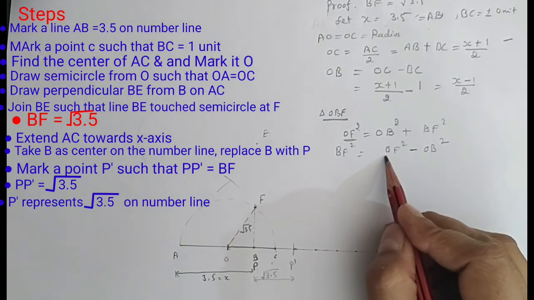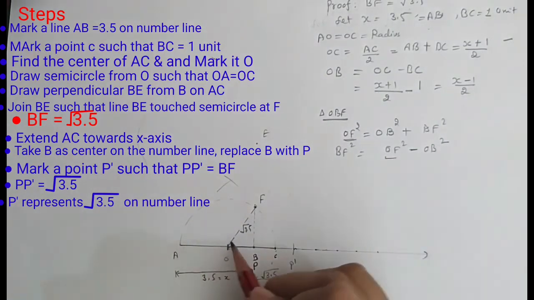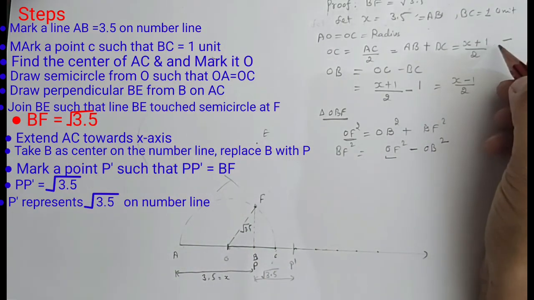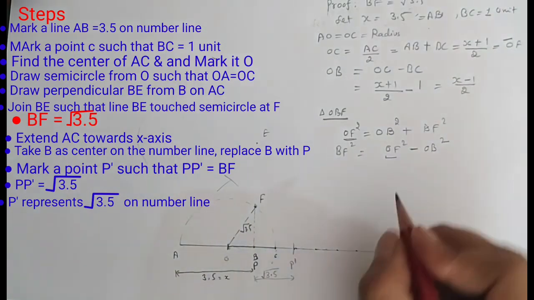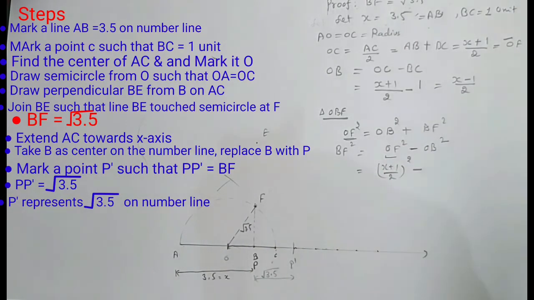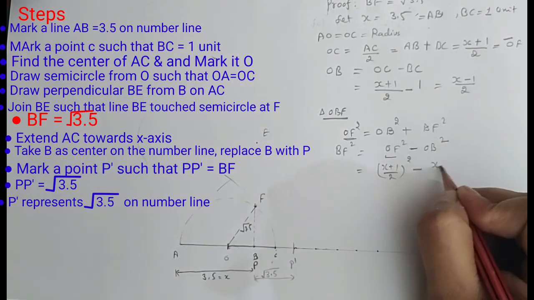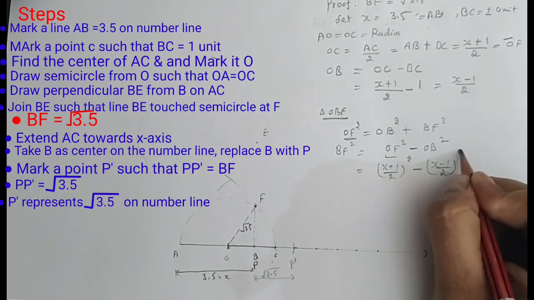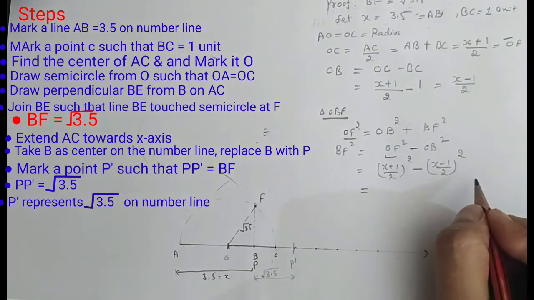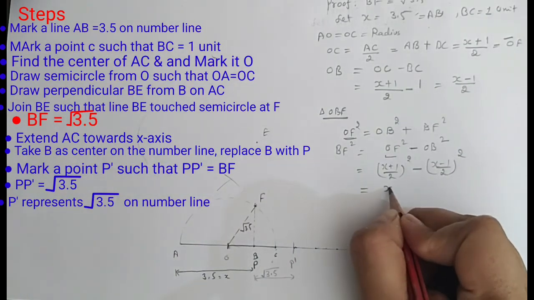We know OF is equal to the radius of this semicircle, so this is also equal to x plus 1 divided by 2. So BF square is equal to x plus 1 divided by 2 whole square minus x minus 1 divided by 2 whole square. If you calculate this, you will get x.